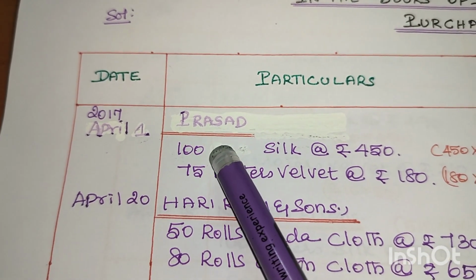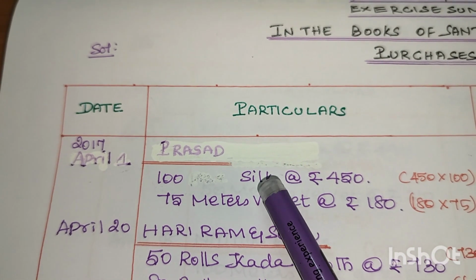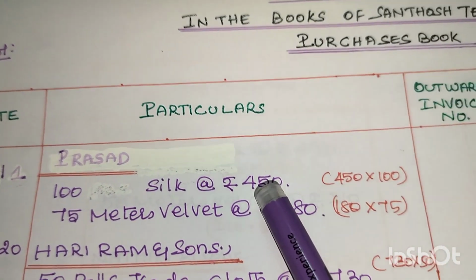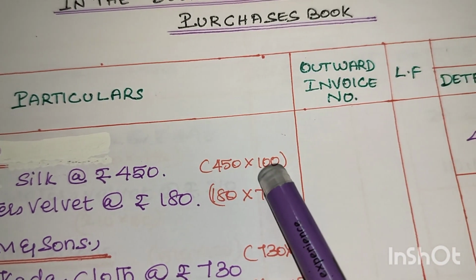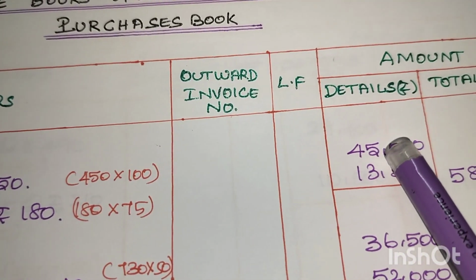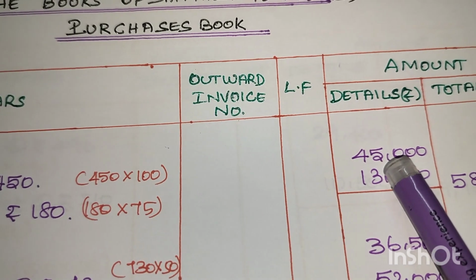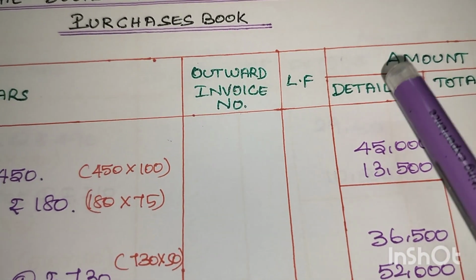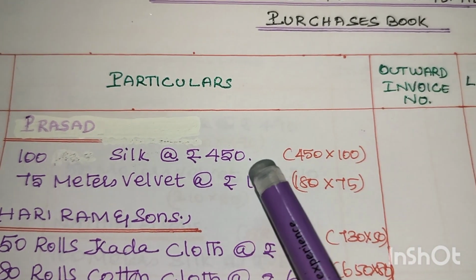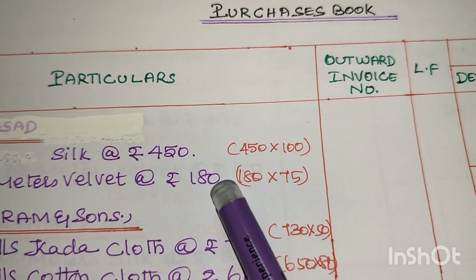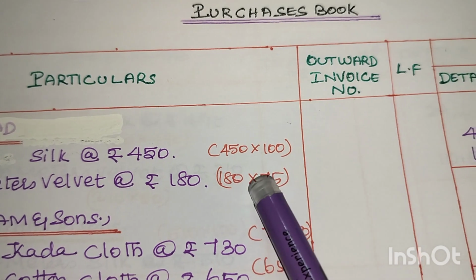The detail of the purchases is 100 meters silk at rupees 450. So what we do? We have to multiply 450 into 100. How much do we get? We got 45,000. We enter it into the detail column. Then 75 meter velvet at rupees 180. So what is the calculation? 180 rupees into 75.